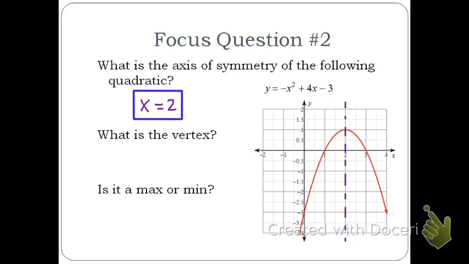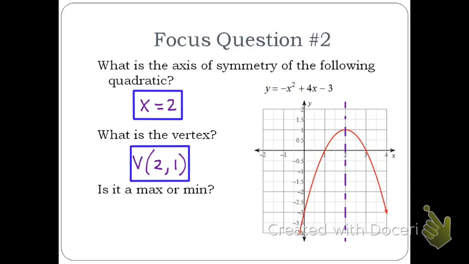Okay, what is the vertex? Just a hint: the x-coordinate of your vertex is always going to be the same as the x value from your axis of symmetry. So we have 2, and then where is the y value? That's at 1. So the vertex is at 2, 1.